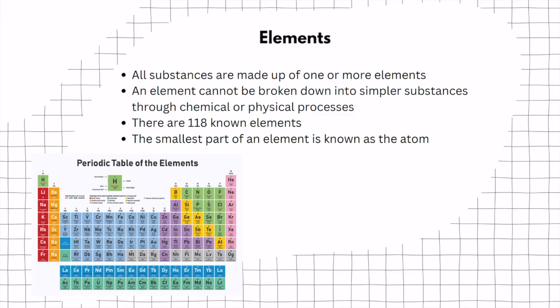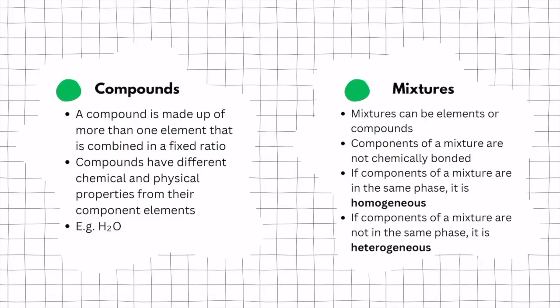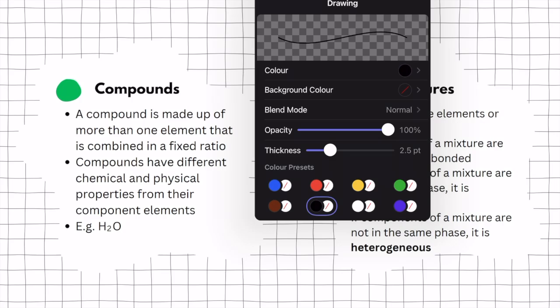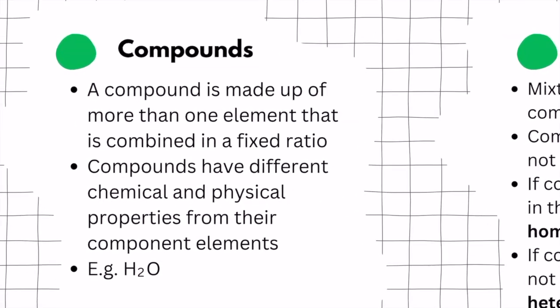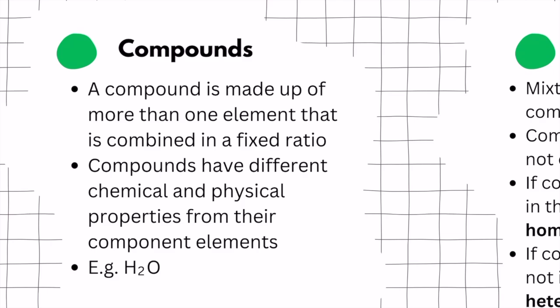So now we're going to go into characterizing substances a little bit. First up, we have compounds. Compounds are easily mixed up with molecules. The main difference between compounds and molecules is that compounds are made up of one or more different types of atoms.